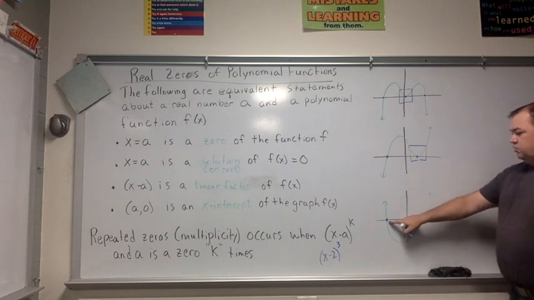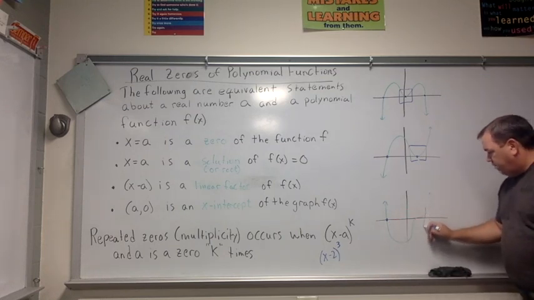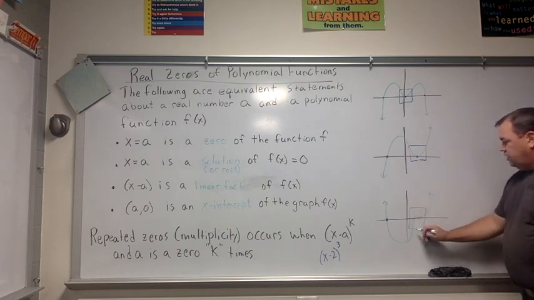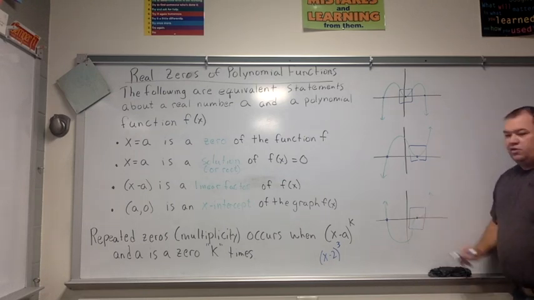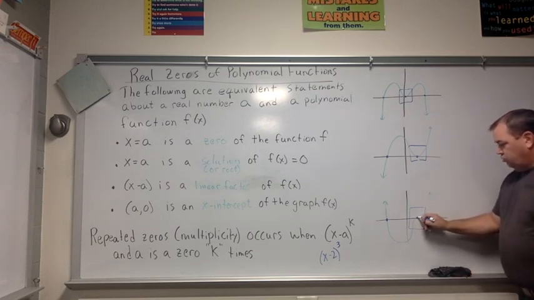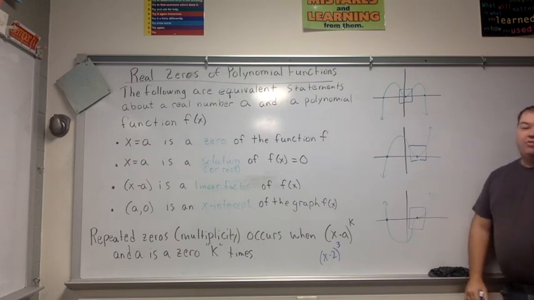My last example, still have that easy one. There is a root or a solution, the x-intercept. But take a look at what happens right in here. This looks like a cubic. Where it crosses right here acts like a cubic function. Cubic meaning 3. So this root, this answer, has a multiplicity of 3.